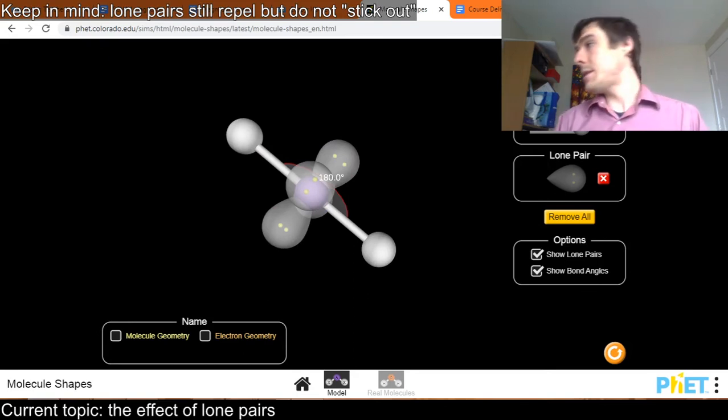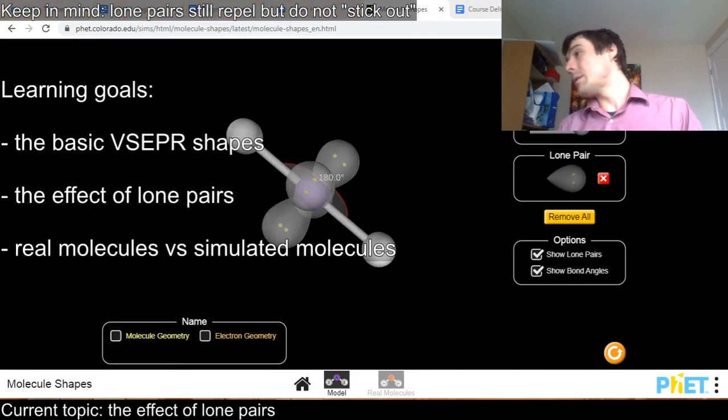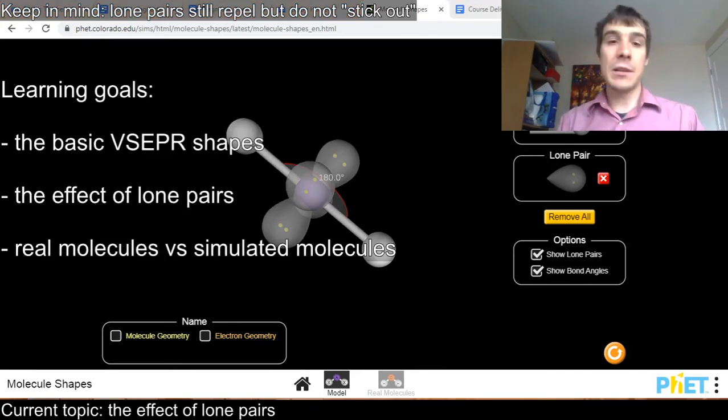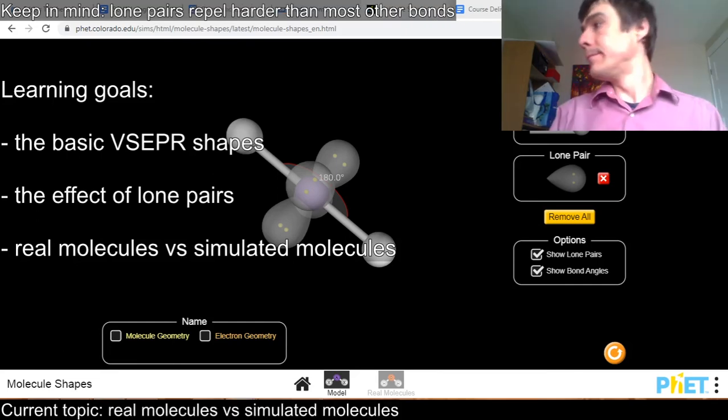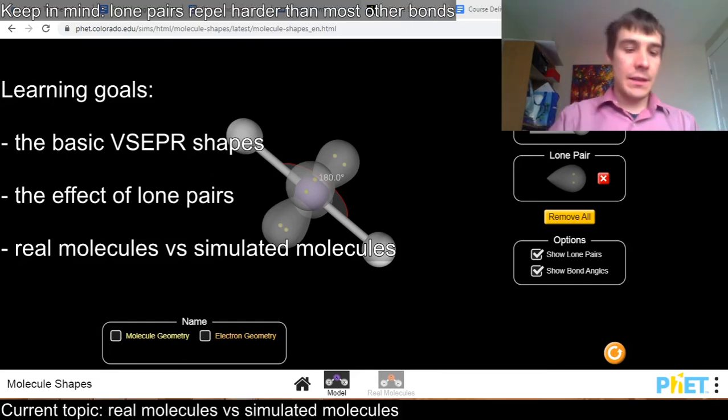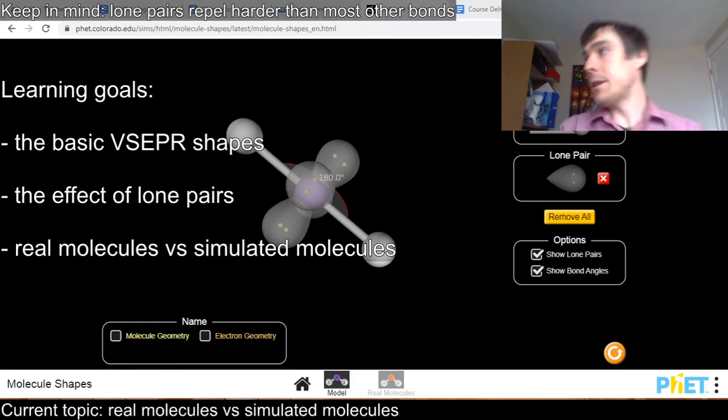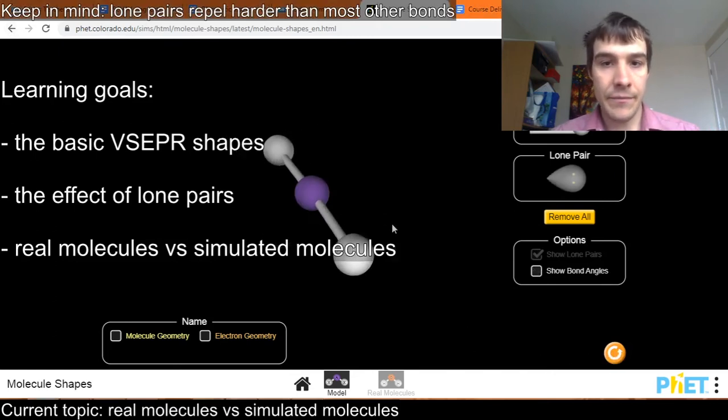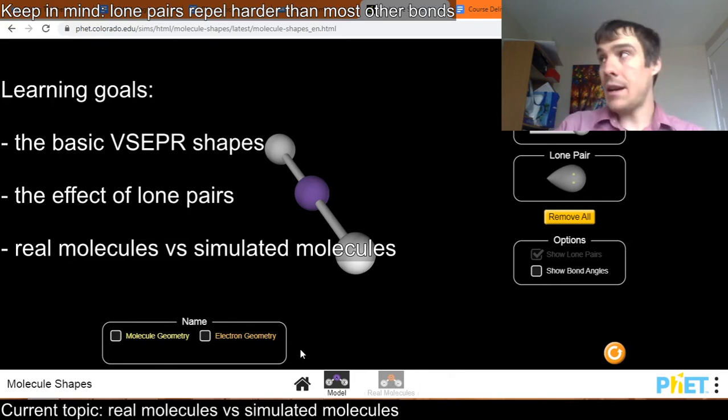The last piece in our learning goals is real molecules versus simulated molecules. So we'll pause. So we're talking about real molecules versus simulated molecules. Remember that this is a simulation, and the ideal bond angle.